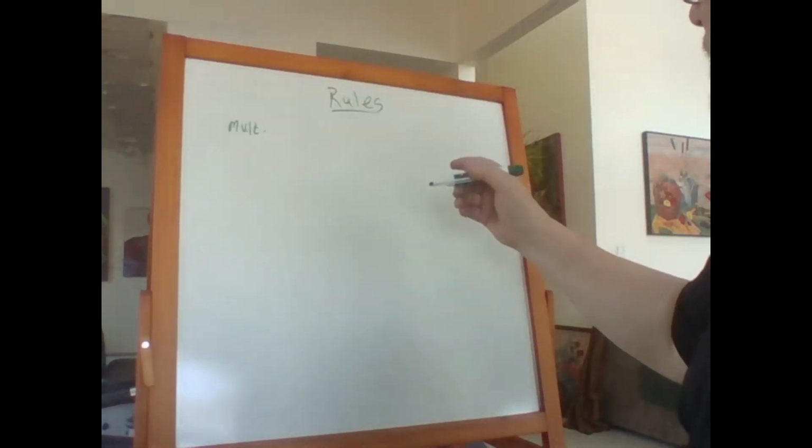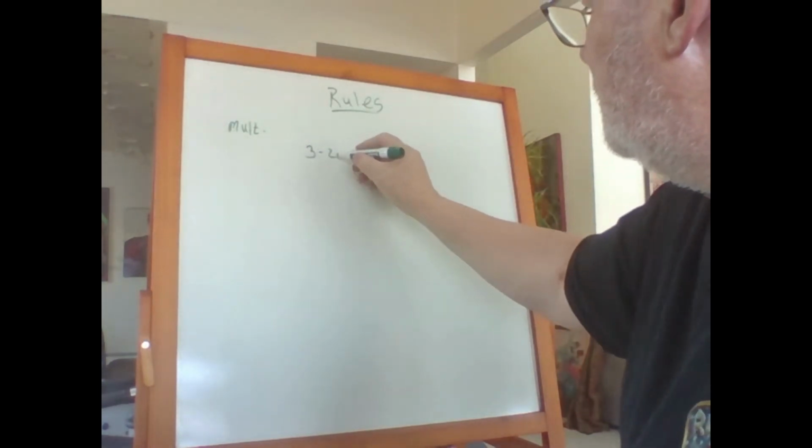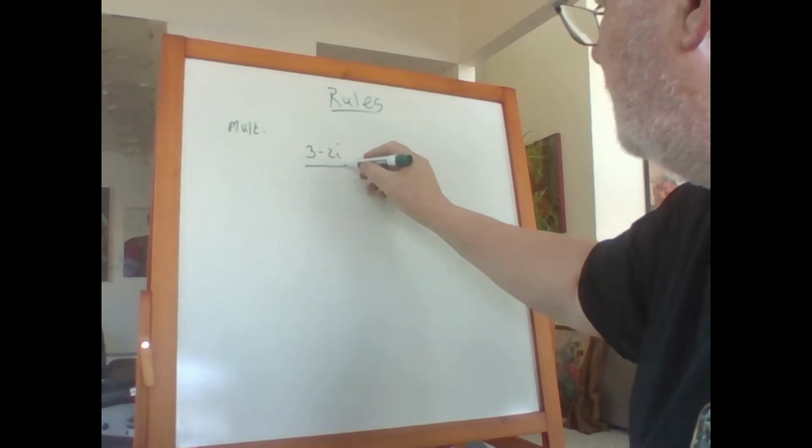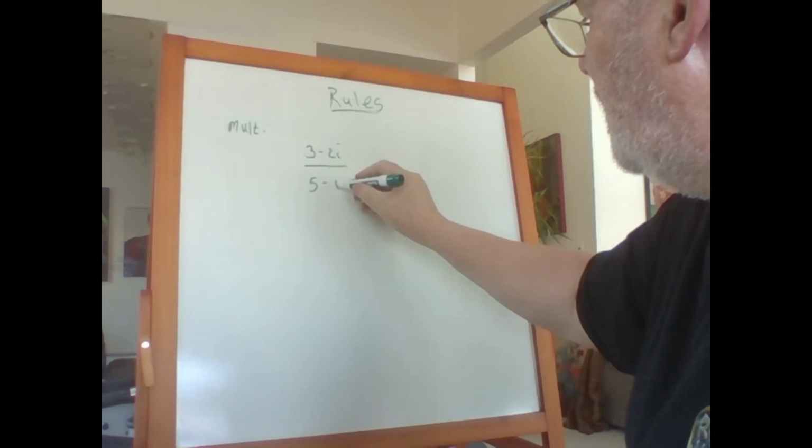Let's say we have 3 minus 2i divided by 5 minus i.